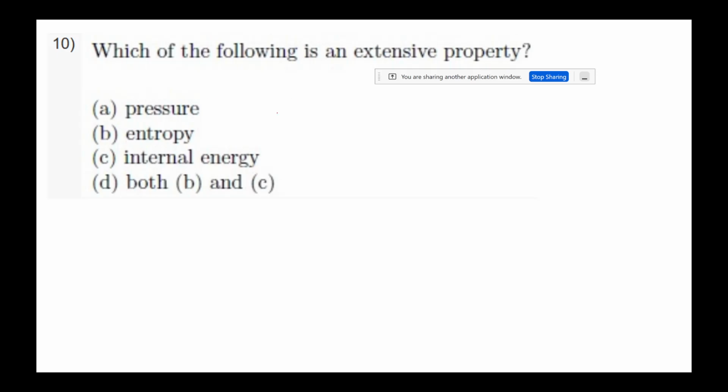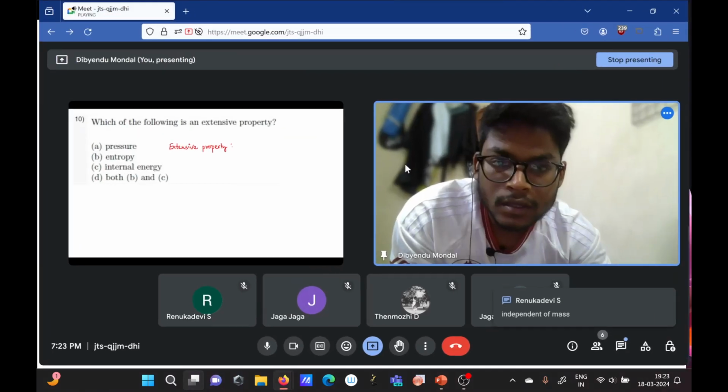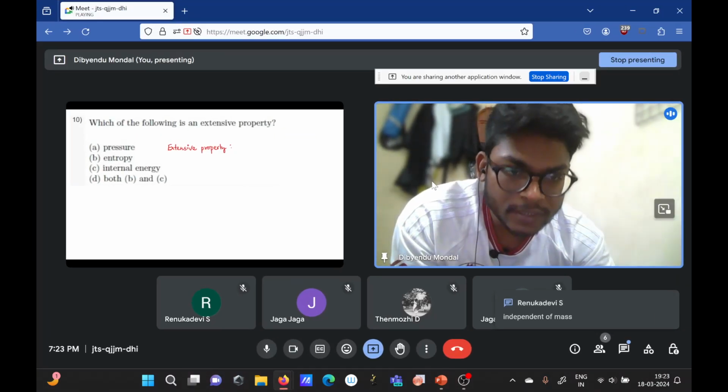Someone has written something independent of mass.